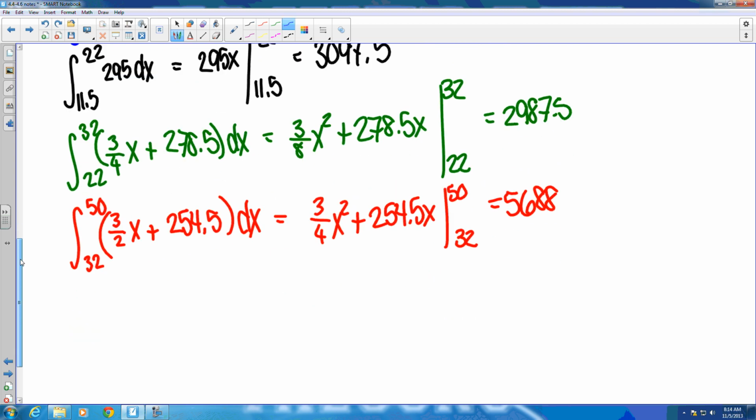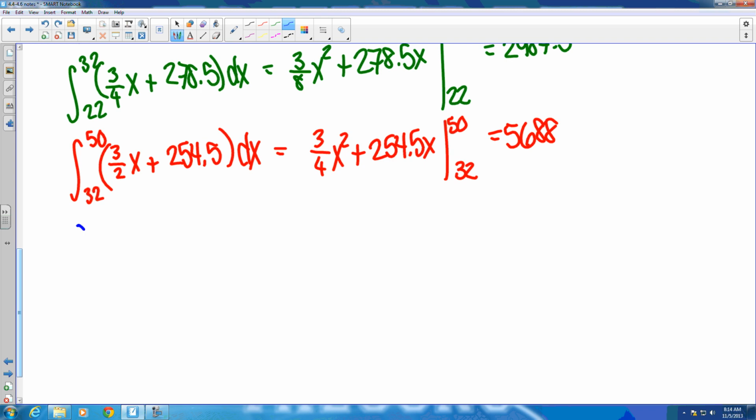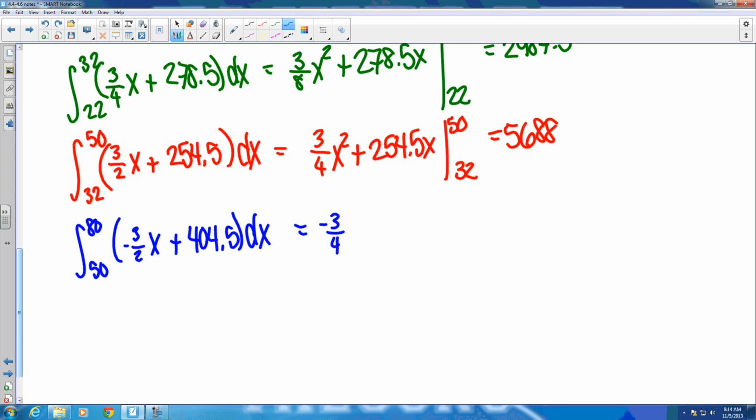Then we have the last one, and then we need to add them all up. Last one is from 50 to 80: negative 3/2 x plus 404.5 dx equals negative 3/4 x squared plus 404.5x from 50 to 80, which is 9,210.